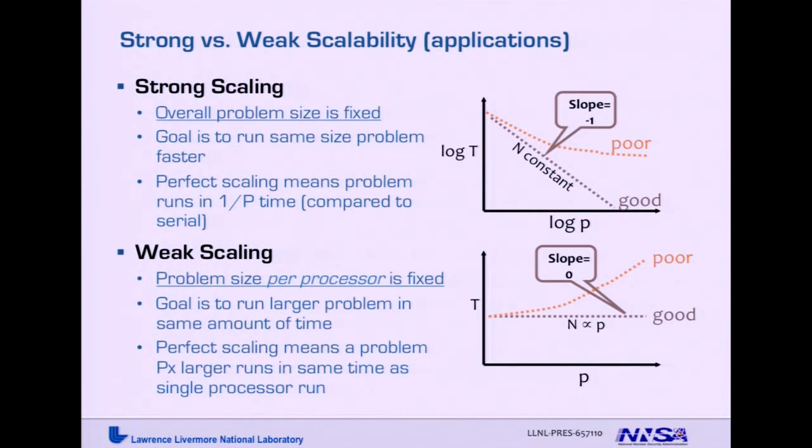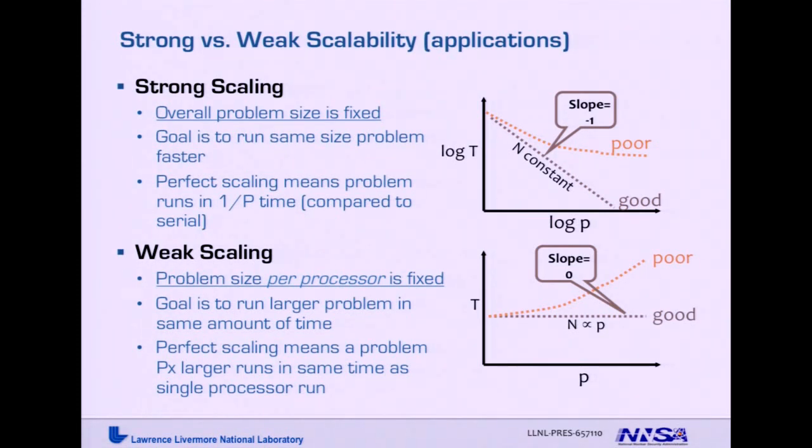Weak scaling, on the other side, is the idea that I'm keeping my problem size per processor constant. And so as I add more and more processors to solve my problem, I'm growing the problem commensurate with that size. And the goal here is I have a bigger machine, I want to run a bigger problem in a constant amount of time. And so if you plotted a weak scaling chart, ideal scaling would be something where the time is constant, because as I increase the number of processors, I'm increasing the problem size.